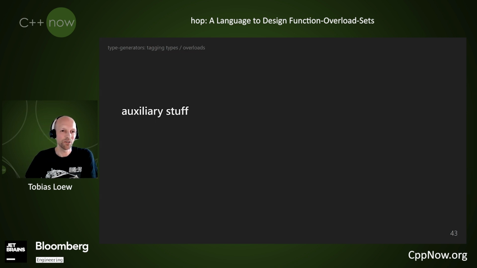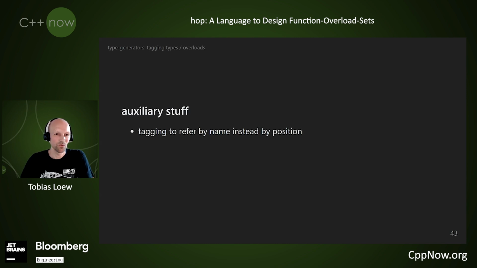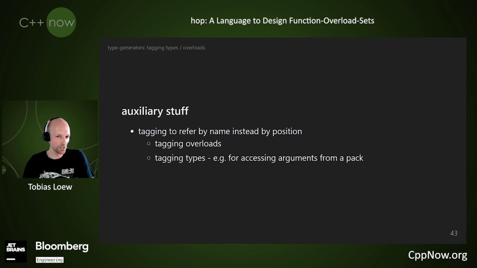Okay, finally, we have some auxiliary stuff. We want to tag types to refer to them by a tag name instead of by position. And this we want to do for overloads, and we also want to do for types. For example, when we have a pack followed by something else, a pack of ints followed by some strings, we want to be able to say to the library, give me only the int arguments back.